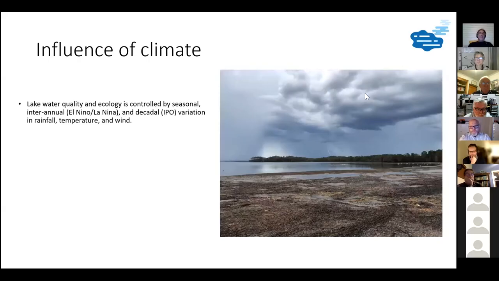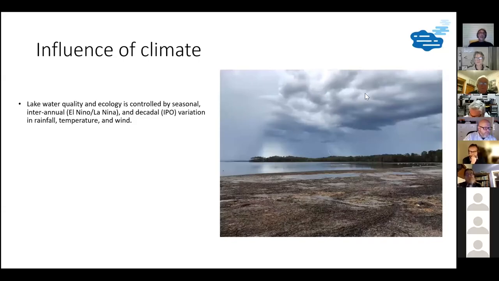And as everyone will be aware, the cycles of El Nino and La Nina, which occur over 5 to 10 year cycles, have a very marked effect on the sort of weather that we see along the coast of New South Wales in particular. And that's no different in Tuggerah Lakes.